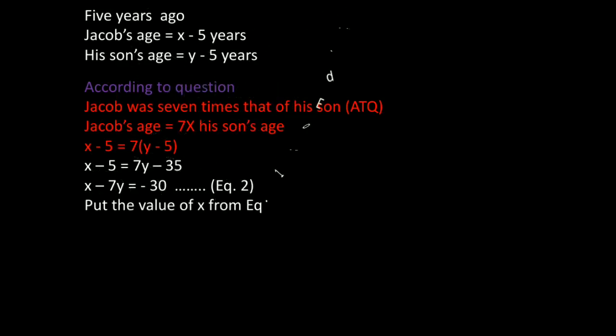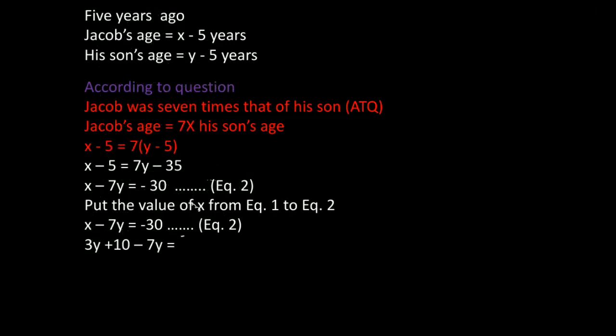Put the value of x from equation 1 into equation 2. Equation 2 is that x - 7y = -30. Now we put the value of x from equation 1. The value of x is 3y + 10. So in place of x, we write 3y + 10.